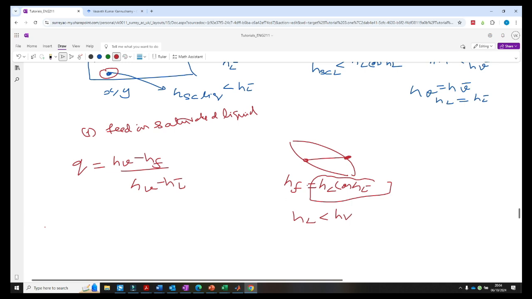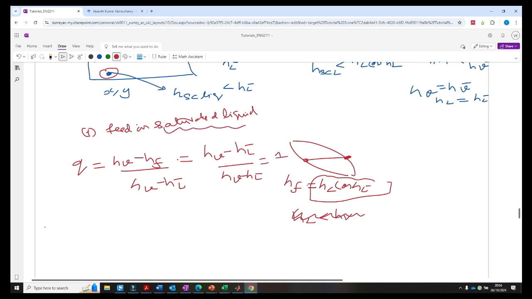So HF is equal to HL dash, which means HV minus HL dash divided by HV minus HL dash. So this is equal to what? Equal to 1, am I right? So if the feed is saturated liquid, Q is equal to 1.